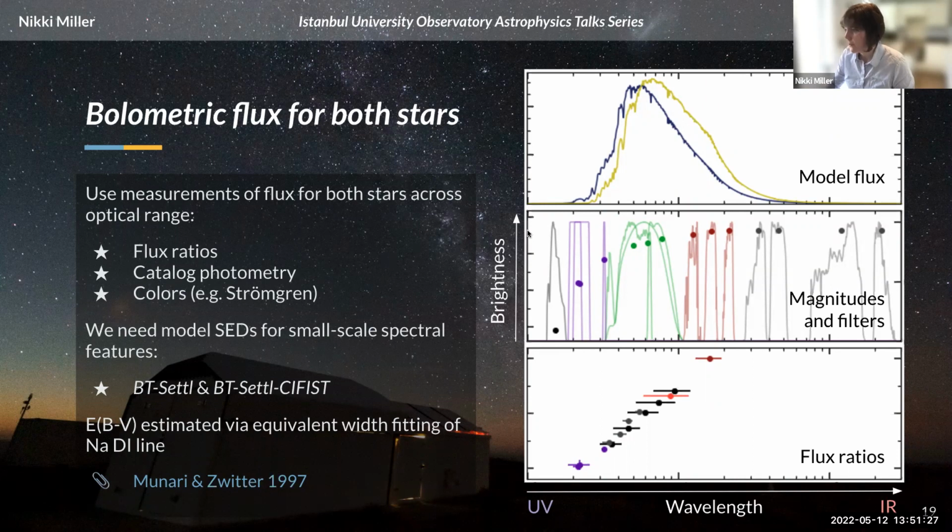Here on the right is a representative collection of the photometry that we use in the temperature method. We have the model fluxes at the top for the two different stars, we have the magnitudes all the way across, and we have flux ratios. For this particular system, we have a huge number of flux ratios, but this isn't usually the case.